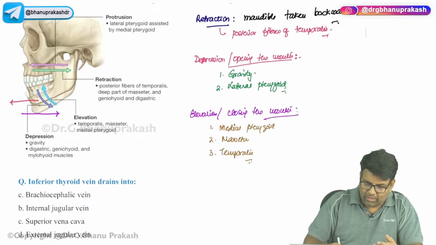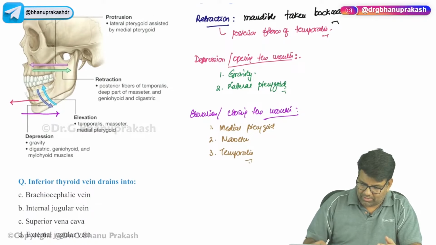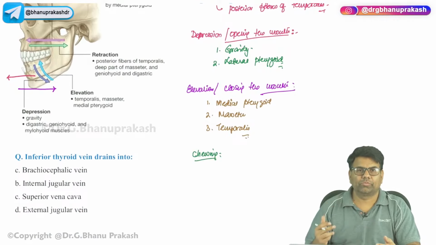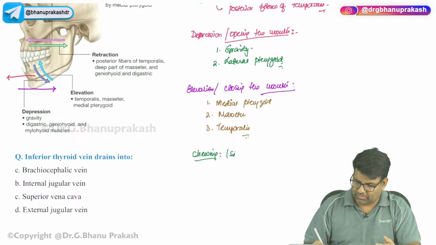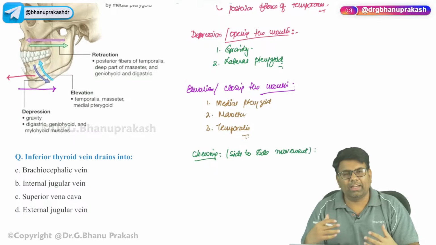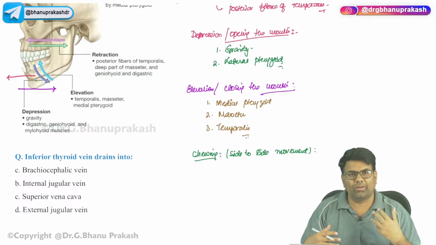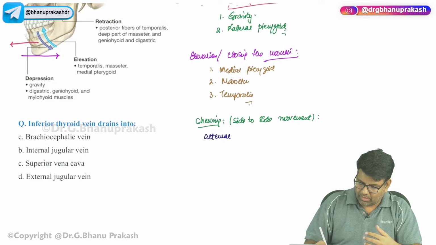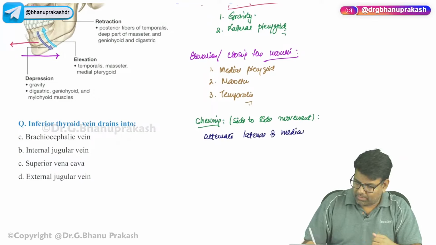And then there is one more movement, and that is the chewing movement. Chewing means side to side movement, and this is by alternate contraction of the lateral and medial pterygoids.